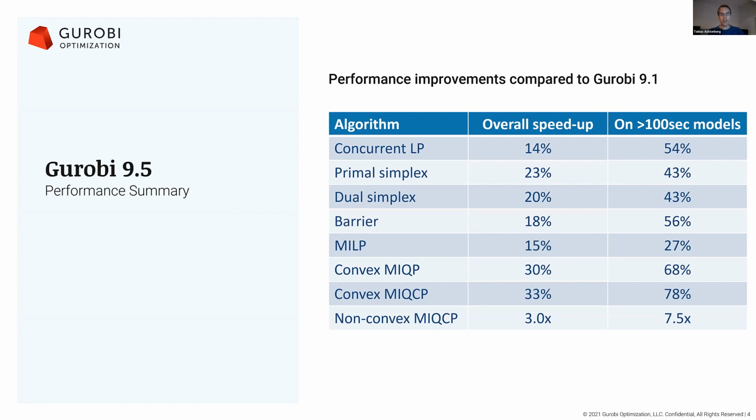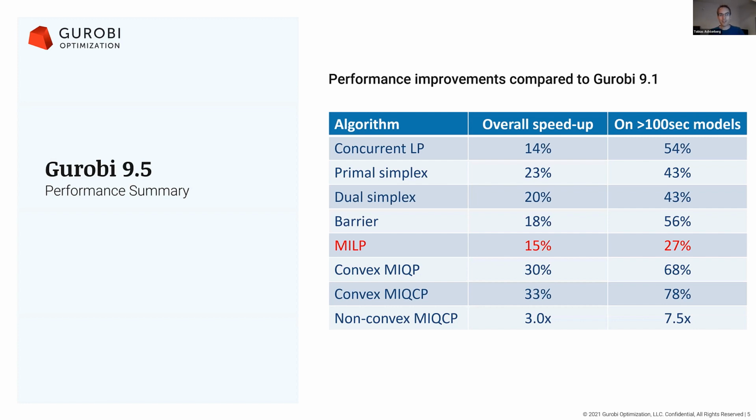And then since Gurobi 9.0, we also support solving non-convex quadratic problems. And there we have already seen a really large speed up in Gurobi version 9.1. And now with 9.5, we have achieved another really big speed up of a factor of 3 overall and a factor of more than 7 on the harder models of our test set.